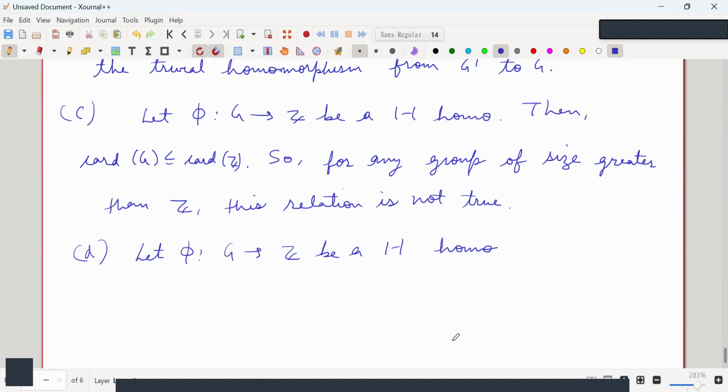You're okay with that? So if you consider the subgroup 2Z, then it has no odd integer. But inside Z, odd integers are there.